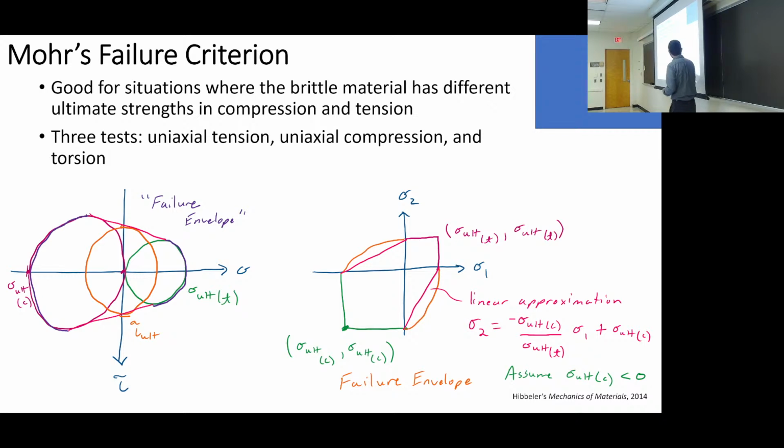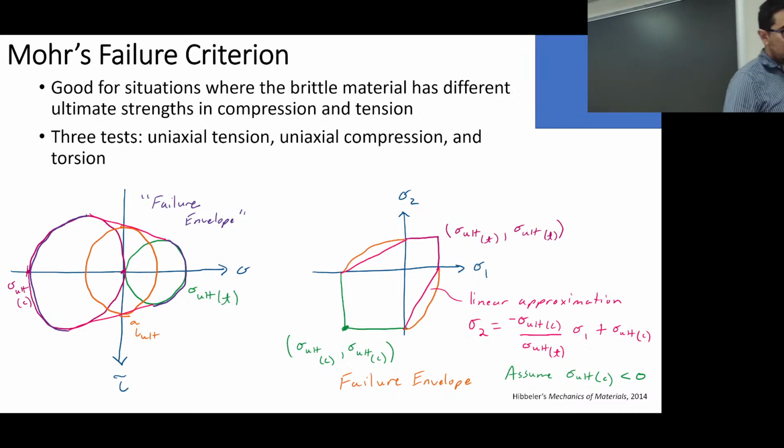And then we have a slope: the rise, to this point, is going to be sigma ultimate C, the negative of it because this was a negative value, and the run is going to be sigma ultimate T.